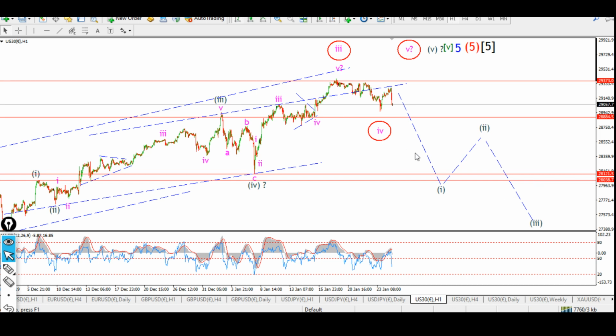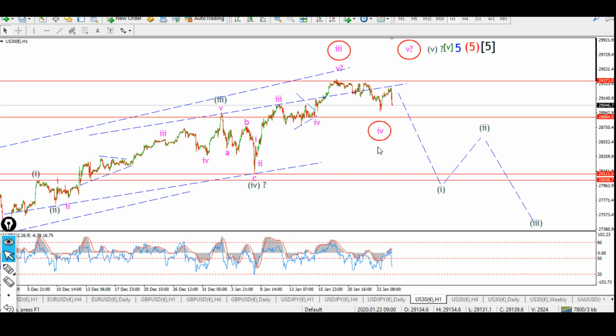We have to fall 1,000 points before we can break this previous fourth wave, and if that's the case, it has to happen in a 5-wave pattern also. So we've got a couple of waypoints that we have to get through before diving headlong into the downside again.